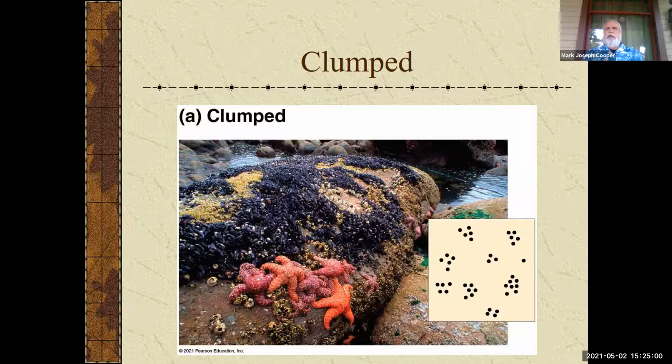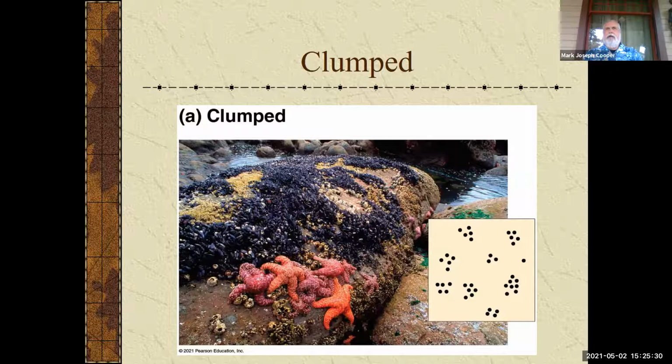But one of the problems to understand is that when you look at dispersion, you have to look at what your scale is. So humans in a neighborhood tend to be fairly uniform because we have properties, and those properties are typically about the same size. So if I was to look at my street or my neighborhood from an upper view, people look like they are uniform.